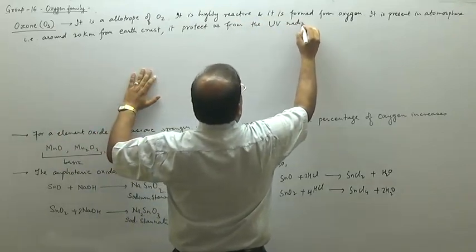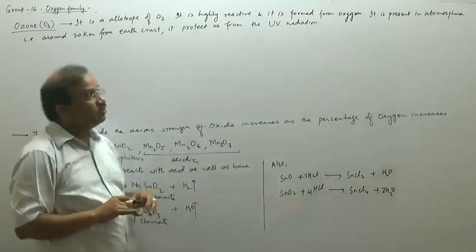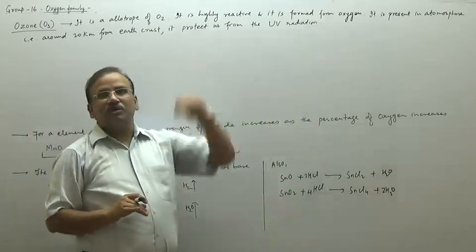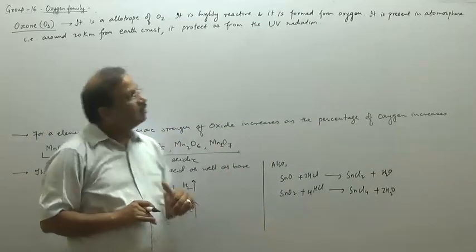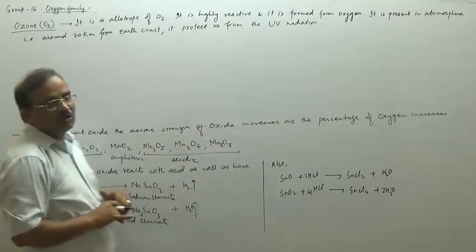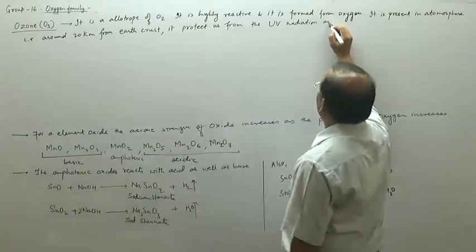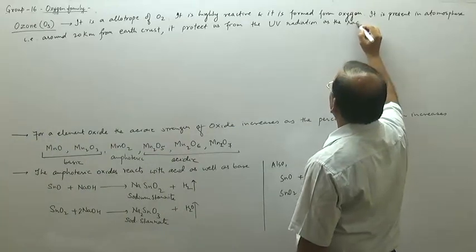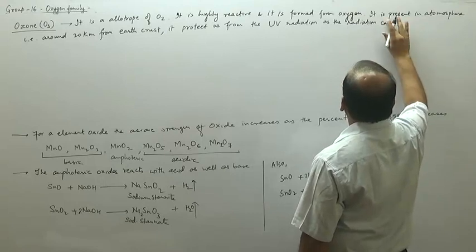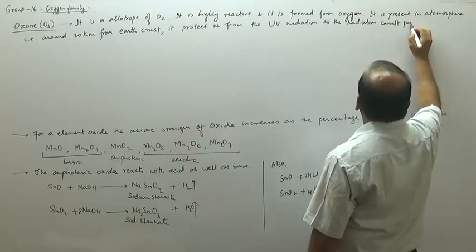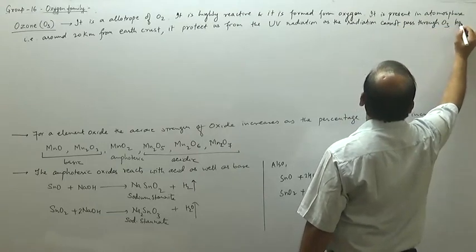So the ozone layer present around in the atmosphere, around 20 kilometers from the earth crust, protects us from the UV radiations, because UV radiation cannot pass through the ozone layer, the O3 layer.